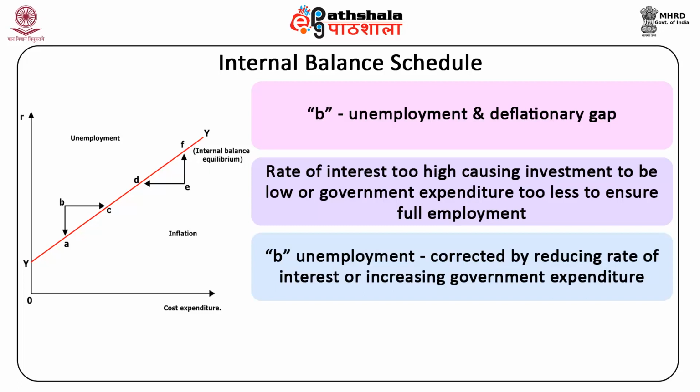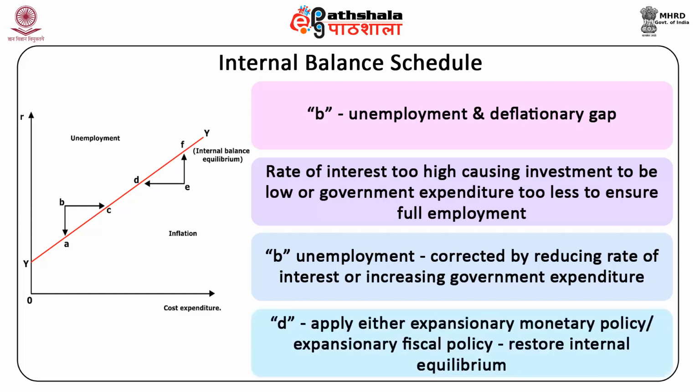At point B, the unemployment will be corrected by reducing the rate of interest or by increasing government expenditure. So, at such a point, we need to apply either an expansionary monetary policy or an expansionary fiscal policy to restore the internal equilibrium.